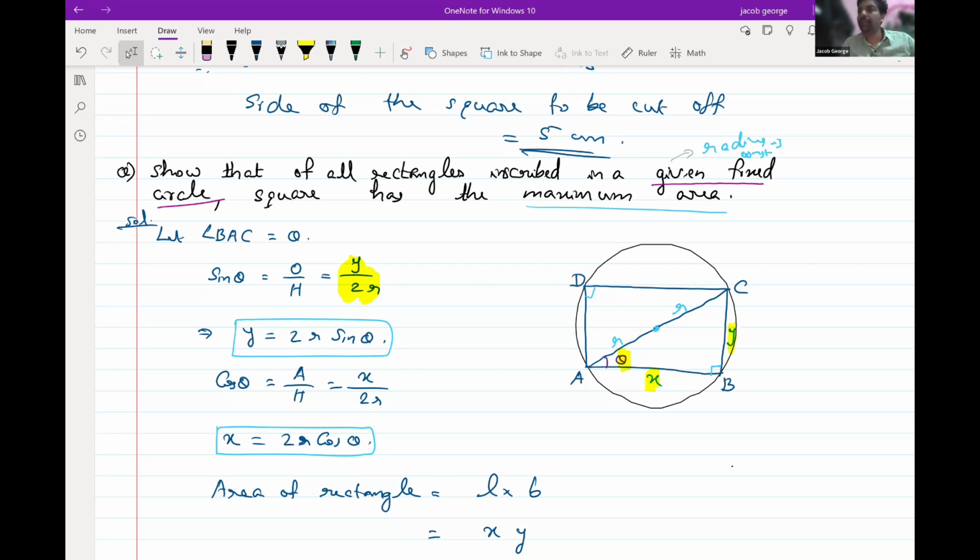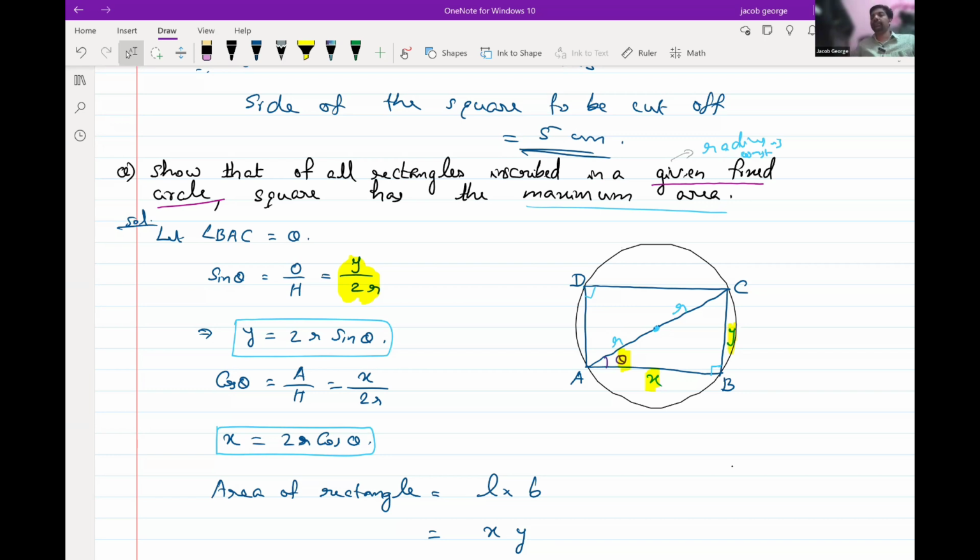We know area of rectangle is a function to be taken. Area is length into breadth, that is X into Y. Okay, but X and Y, there are two variables. So to write in terms of one variable, either we can use Pythagoras theorem in triangle ABC, but the easy method is take this angle as theta. Which angle is theta?